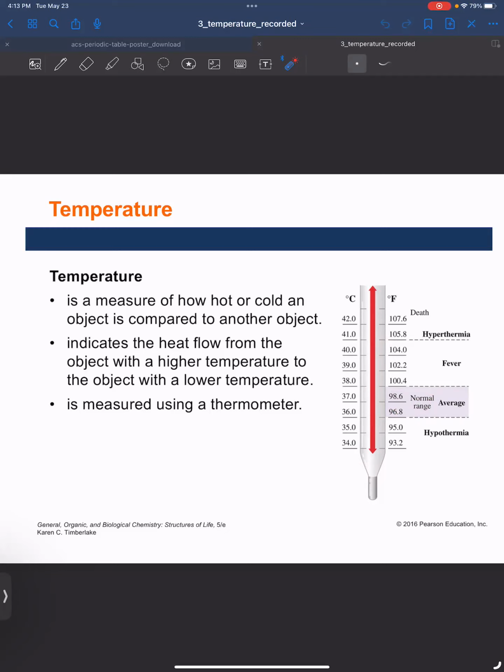Anything above 98.6 degrees Fahrenheit would be considered fever, and anything 105.8 and above is dangerous. Anything below 95 would be hypothermia. And you can see the temperatures in Celsius on the other side of the thermometer.